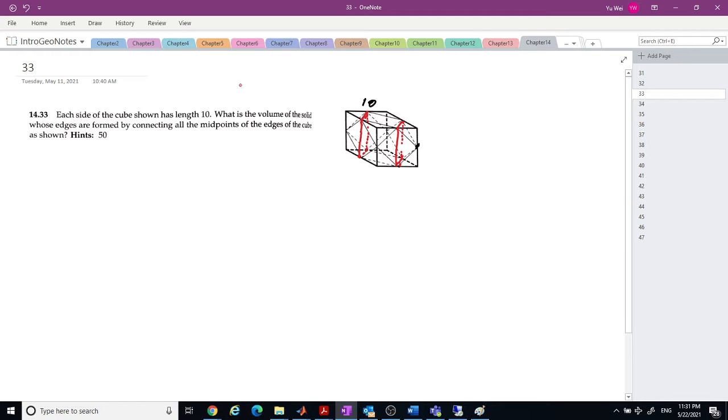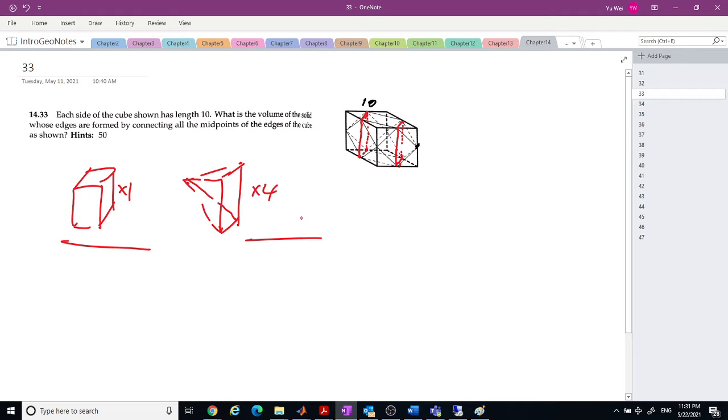Now you can see we have some rectangles, right? We have one solid shape like this, times 1, and we also have 4 of this other one. We can solve both of them, then solve the total volume.